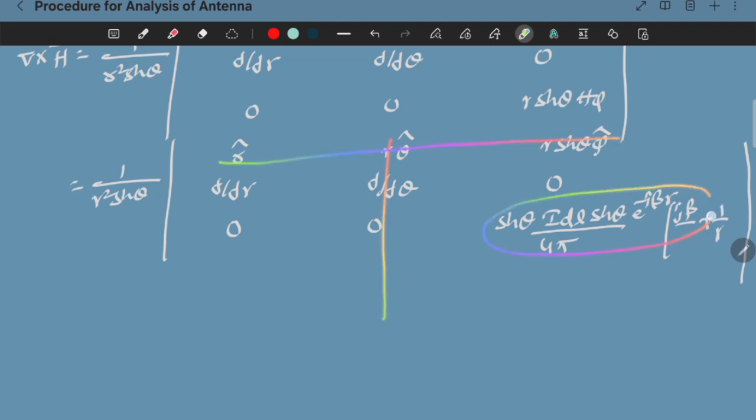You need to differentiate this one with respect to r. That is also valid. And when you want to get the phi component, remove this column, remove this row, here zeros are there. That means now itself we can tell the curl operation of H bar is having, that means the electric field can have only the r component and theta component.